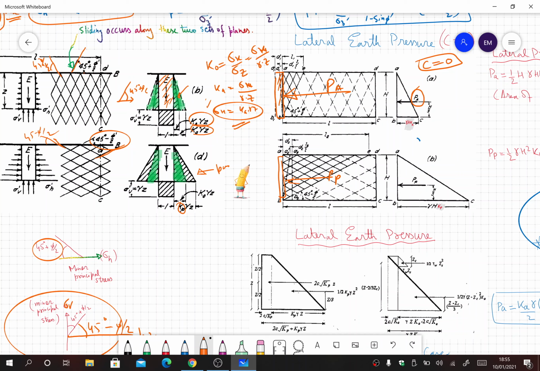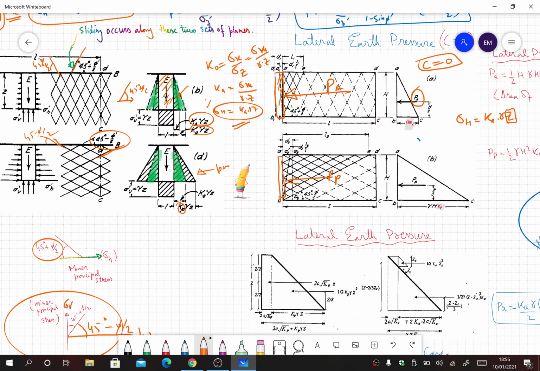Okay, let me draw it here. The equation we derived was that the horizontal stress is equal to Ka into gamma z. So this is being applied here. Because you see here z is changing, that means the value of sigma h will change.